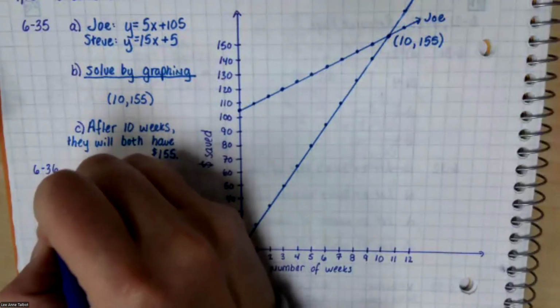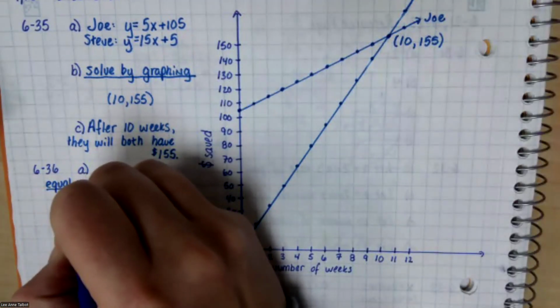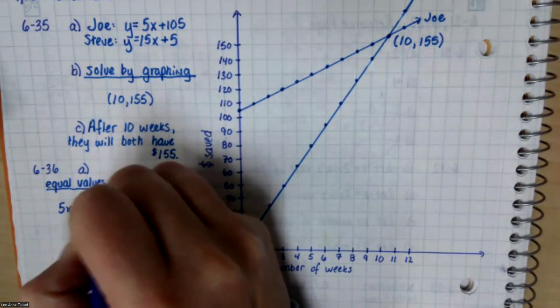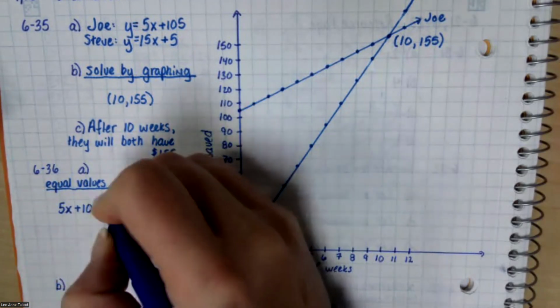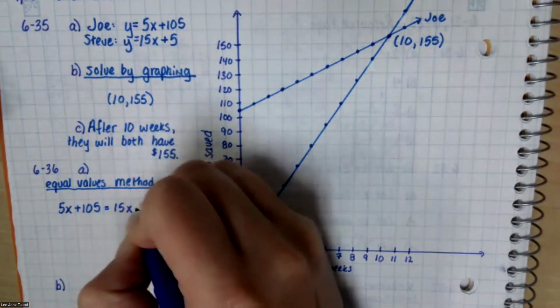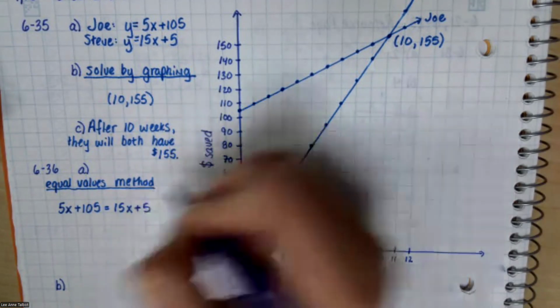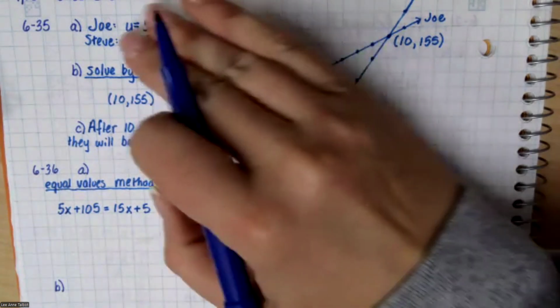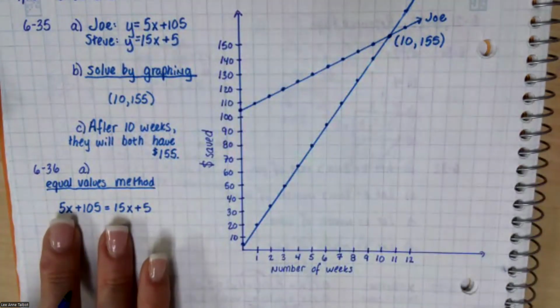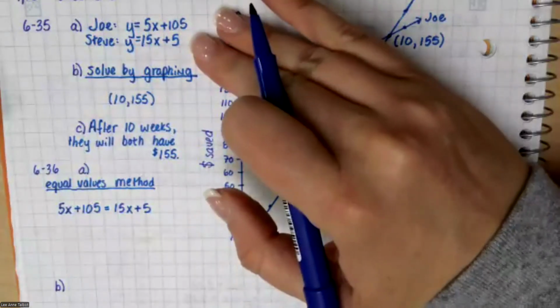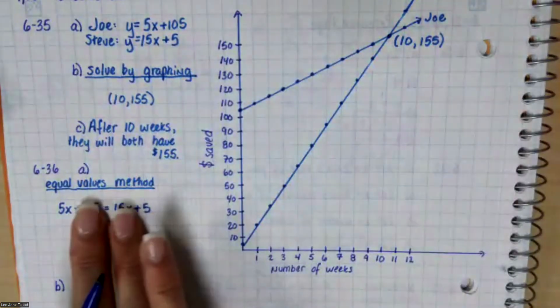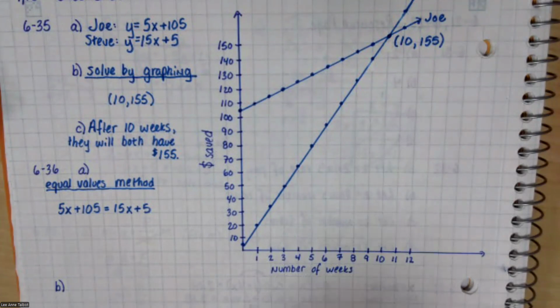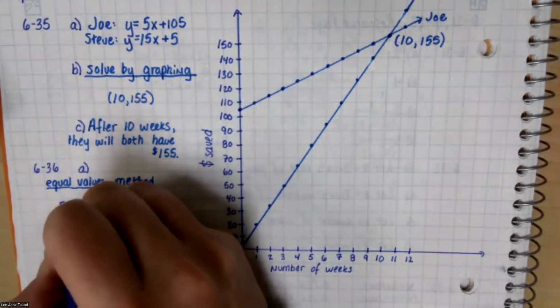So I can say 5x plus 105 equals 15x plus 5. Okay, let me say that again. Since they both equal y, they equal each other. Okay, now solve.